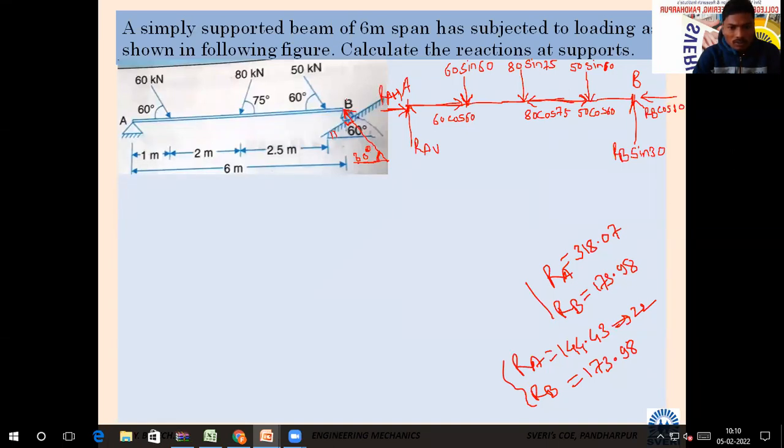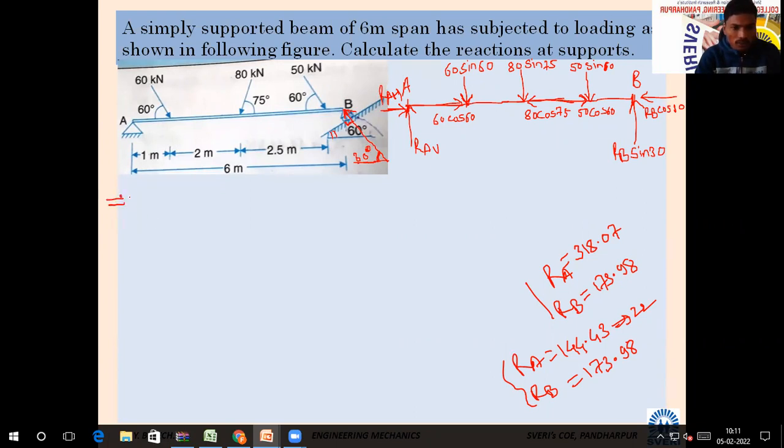RB is the same but the values of RA are different for everyone. Okay, we will see. Let's go without wasting time. We will see where we have committed the mistake.